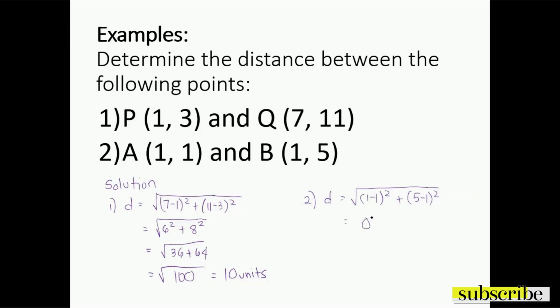Then simplify, we have 0 squared plus 4 squared. And so the distance for number 2 is the square root of 16, which is 4 units.